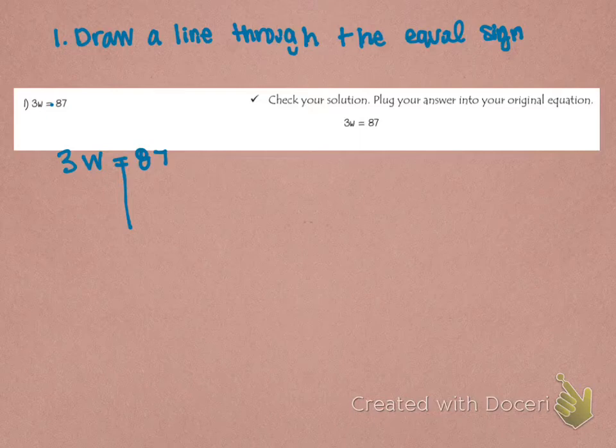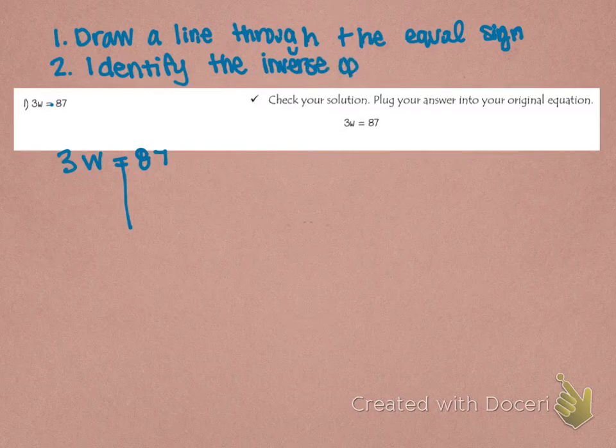So the inverse operation would be division, and that's your second step, to identify the inverse operation. So that means we would divide. We write division in fraction form. We're isolating the variable, so we're dividing by 3 because 3 is next to the variable.